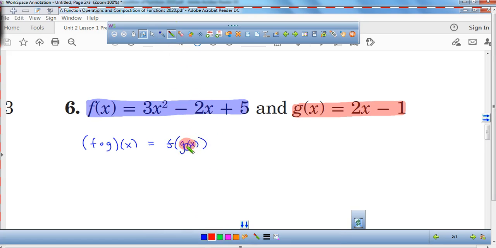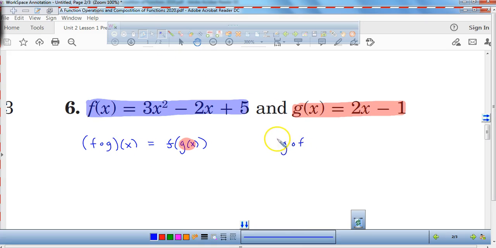You're taking this function g of x right here and plugging it in wherever there's a value of x. That's what we're going to be doing. We're also going to do g of f, and I'll make sure that's an open circle. It's supposed to be the "of" symbol. I know it looks like it says fog and golf, but that's not what it's saying. Just remember that little symbol right there means of.